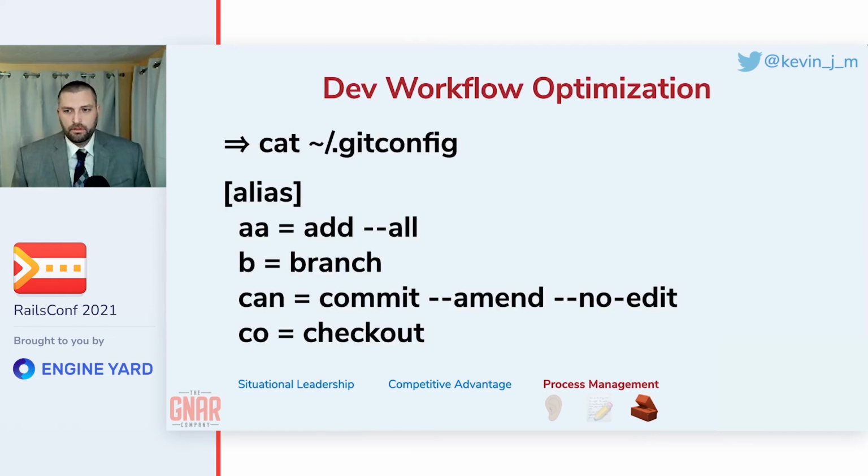How many of us have a long and carefully curated list of different aliases that we use regularly, or we're constantly on the hunt for the best editor or plugin or different shortcuts we can use to make our lives that much better. Me, I can't be bothered to type out branch every time that I change my branch in Git. So instead I just type out B, and I save myself 5 keystrokes every time. And I look forward when I retire to looking back over my career and thinking about the precious minutes of my life I have saved by making that change.